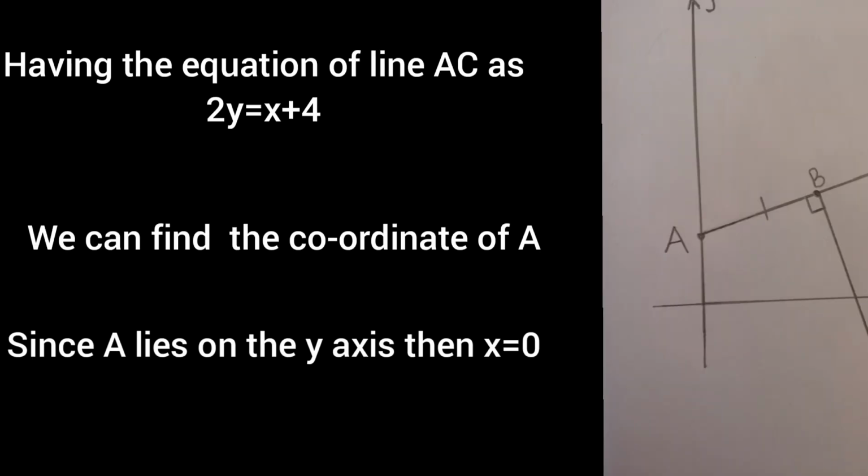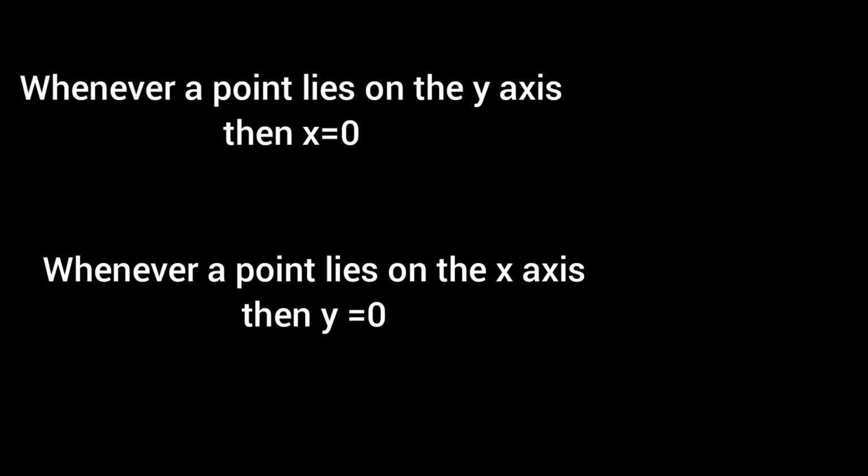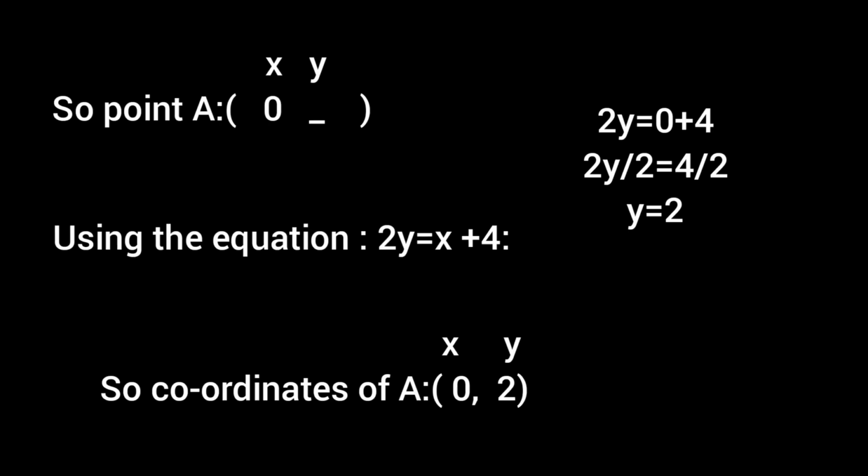So having the equation of line AC as 2y equals x plus 4, we can find the coordinates of A, because A lies on the y-axis, meaning x equals 0. Note that whenever a point lies on the y-axis, then x equals 0, and whenever the point lies on the x-axis, y equals 0.